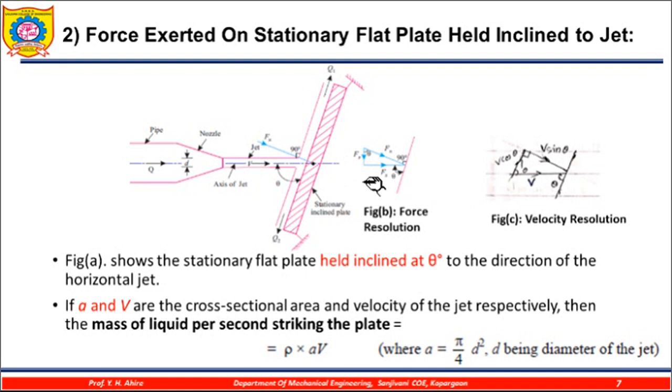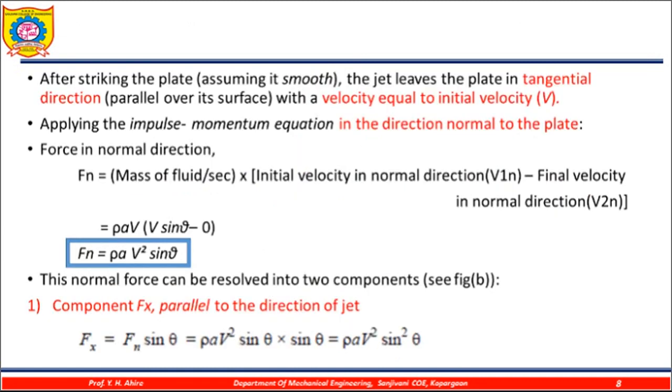From this trigonometry, this theta angle will go inside this force triangle. This is simple trigonometry. So Fx is nothing but Fn sine theta. Fy is nothing but Fn cos theta. Right?